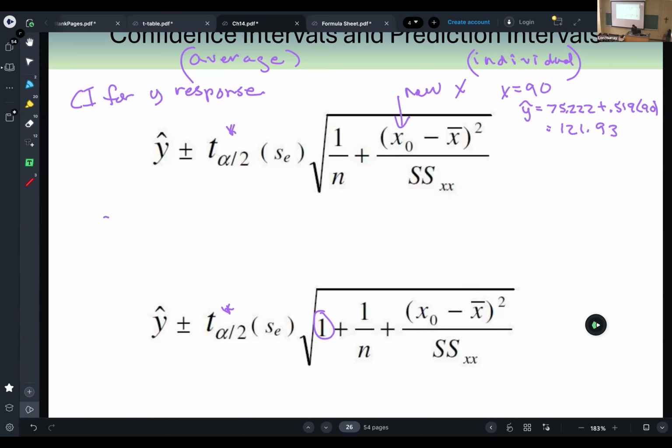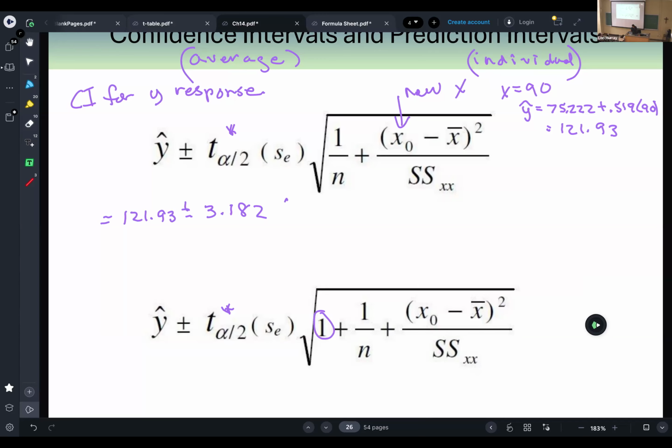So this would be equal to 121.93 plus or minus, and it's going to be the same critical value. It's always n minus 2, so it should have a critical value of 3.182, because that's the critical value for the whole model. We use it for the slope, and it's always on n minus 2 degrees of freedom.